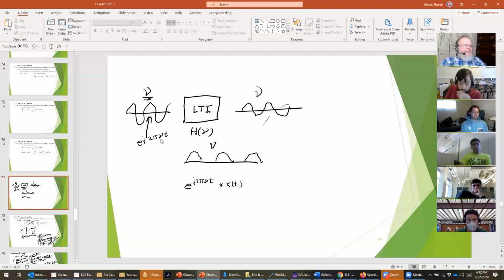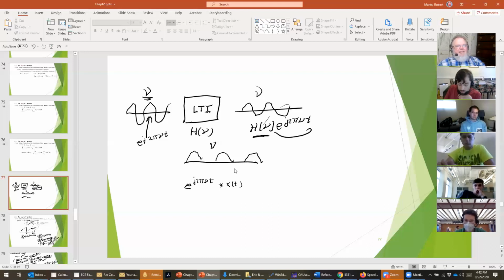But the thing is that the output of this, of course, is h of nu e to the j 2 pi nu t. In other words, the same exact frequency, but with a different magnitude and phase, right? So that's the output. We're visualizing this through a specific experiment, but this same thing happens for a number of frequencies.